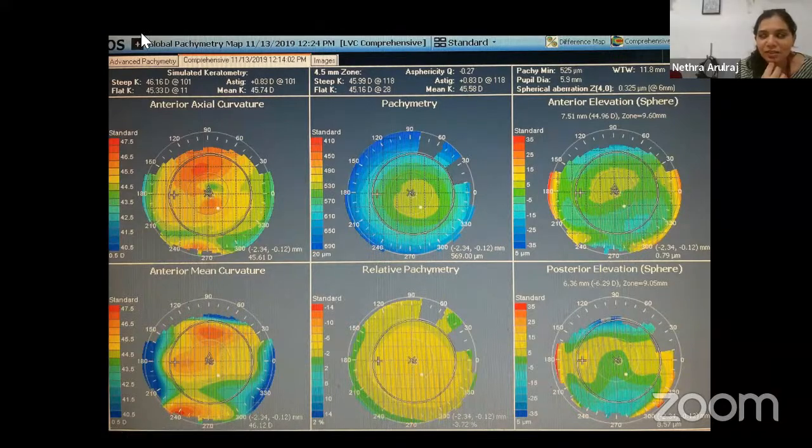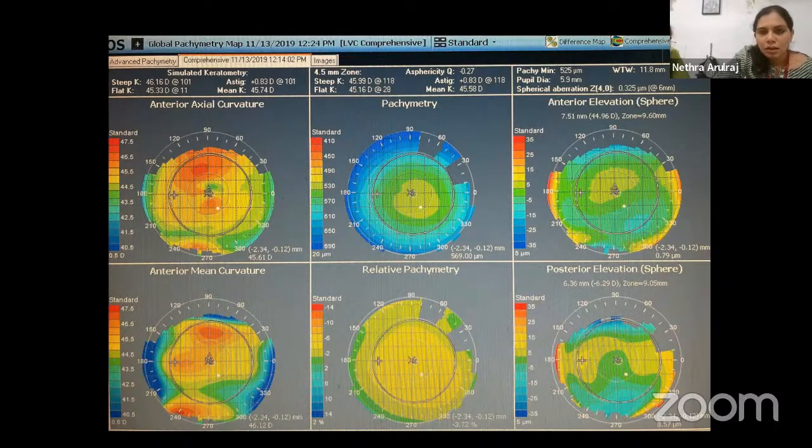This is the corneal topo of the left eye showing a steep K at 46.16 diopter at 101 and flat K at 55.33 at 11 with astigmatism of +3 diopter, and the anterior axial curvature showing different colors in the central 3 mm, around 46.5 to 47.5 at the steepest area.